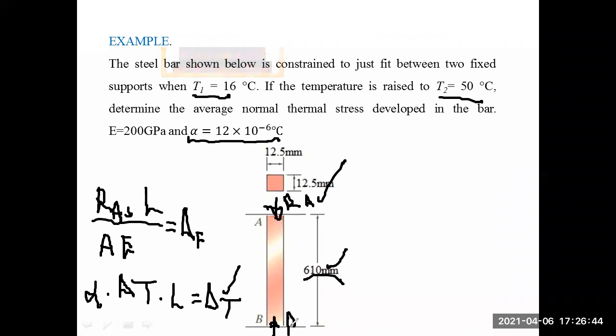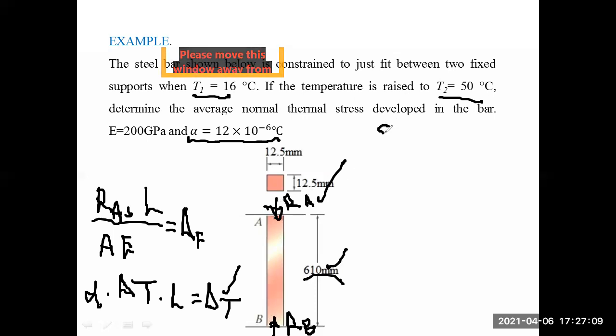So at B, we will have RB, that is against RA. To be in equilibrium, we can't have a single force. We have to have an action and a reaction so that the element would be static. So for equilibrium purposes, we have a force against RA, opposite, equal in magnitude, but opposite in direction to RA.